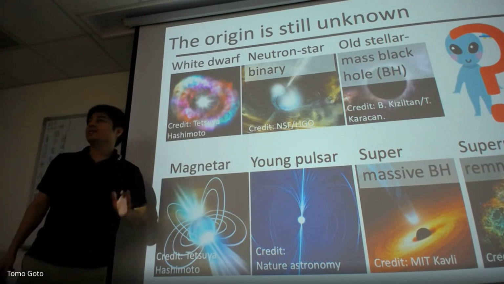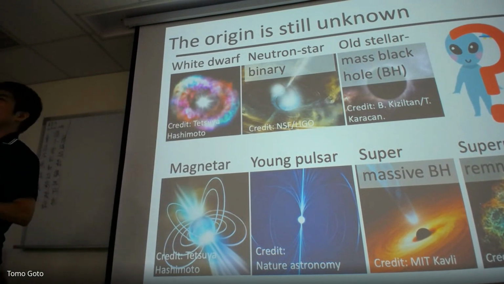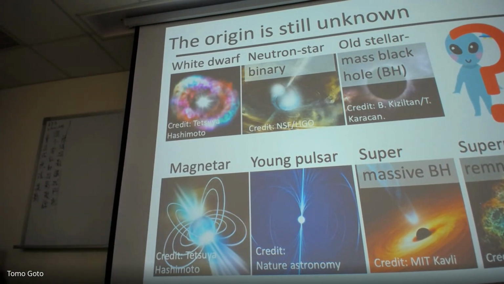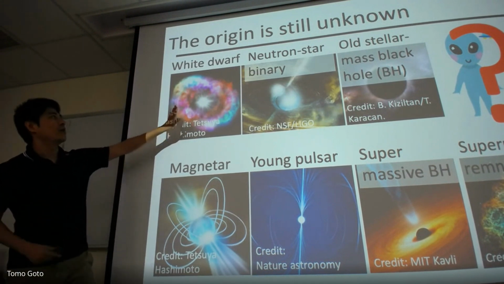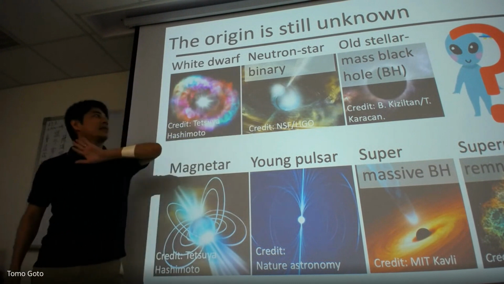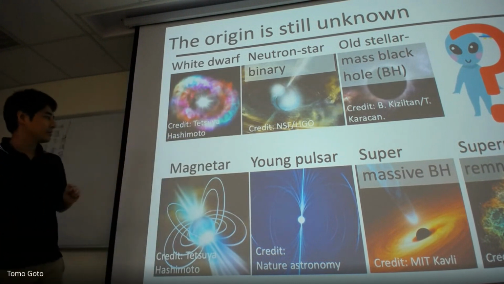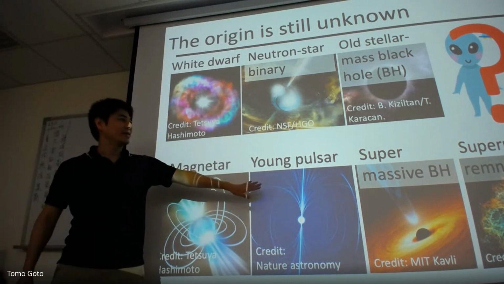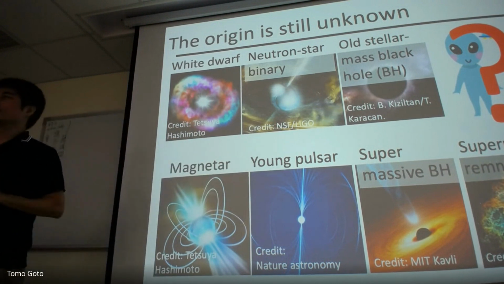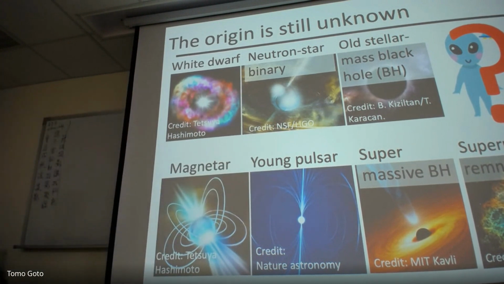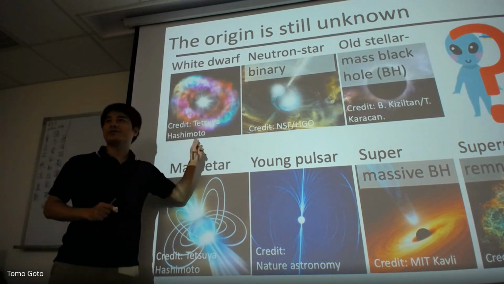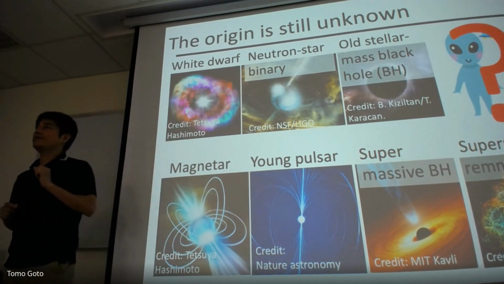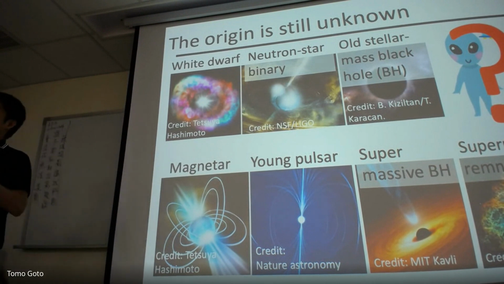But we can imagine several candidates using already known astrophysical sources, say white dwarfs, neutron star binary systems, stellar mass black holes, magnetar, young pulsar, supermassive black hole, or superluminous supernova. There are so many. Basically, astronomy people are trying to use already known populations to explain this mysterious signal.